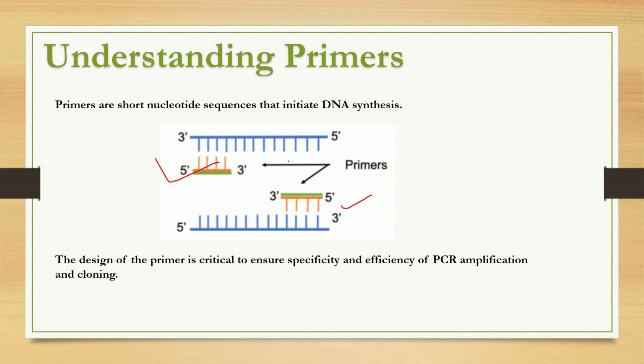We want it to bind specifically to the target sequence only, and that is why we will keep that in mind while designing the primers, so that our primers will be specific and more efficient. These primers should be very, very specific for the target gene sequences which we want to amplify, right?